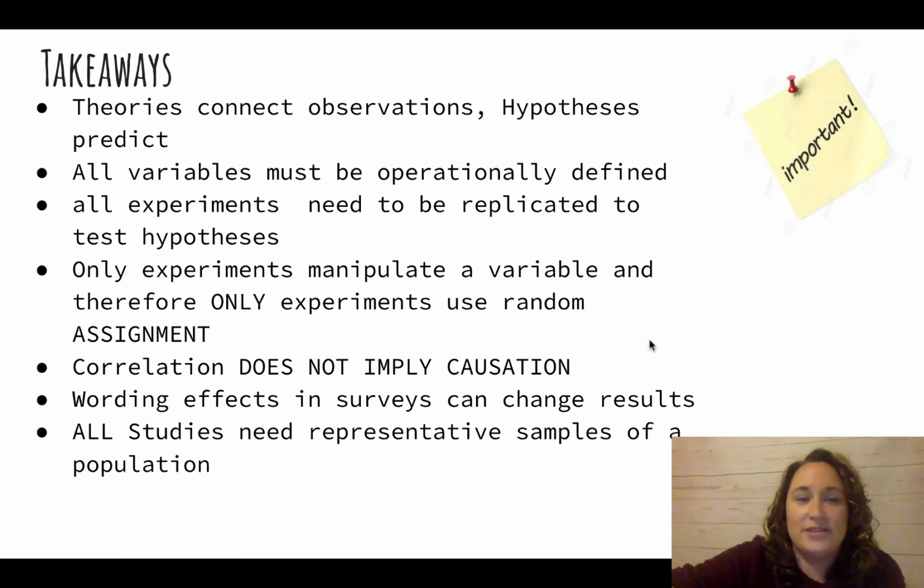So takeaways. Theories make connections between observations, but hypotheses predict and test them. All variables must be operationally defined because replication is important to test and retest our hypotheses. Only experiments can manipulate a variable, and therefore only experiments are using random assignment.